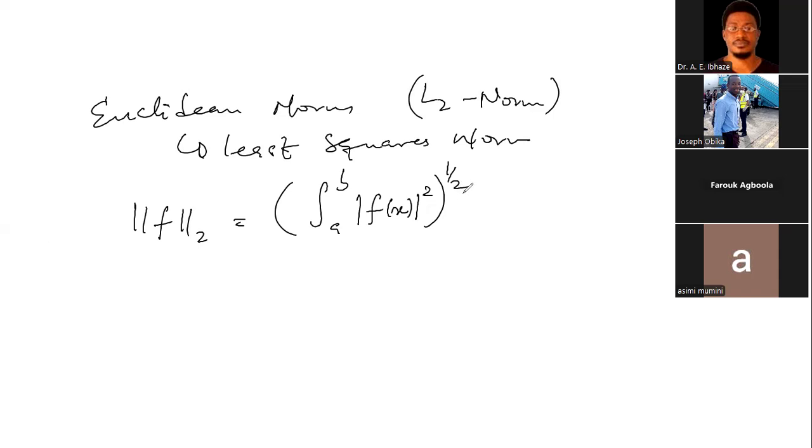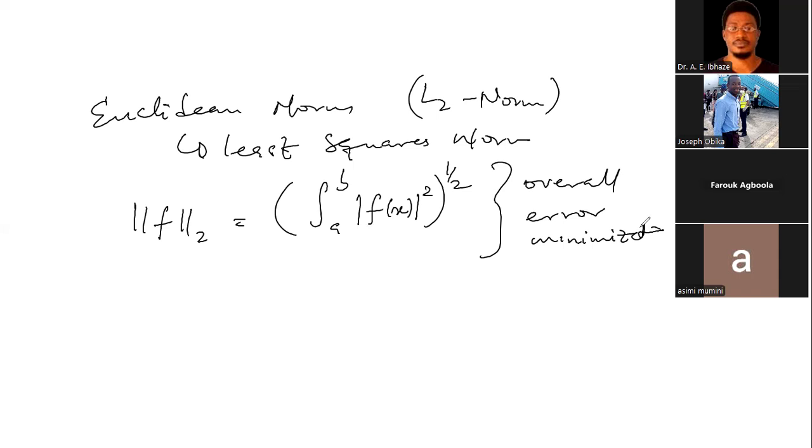So this applies when we are minimizing overall error. So we are looking at the entire error. We are not looking at the absolute error. So when we want to consider overall error minimization, we apply the Euclidean norm. So it minimizes the sum of squared errors. So this is literally ensuring least squares approximation.